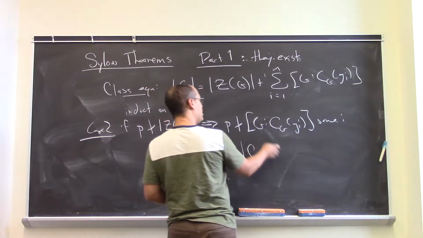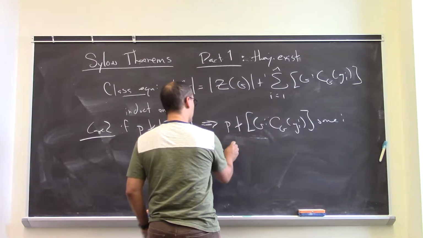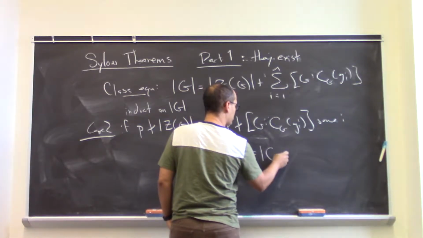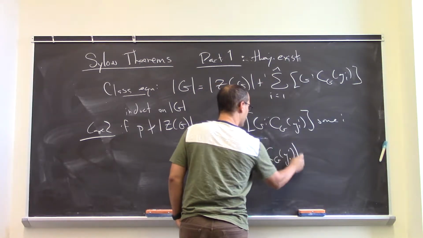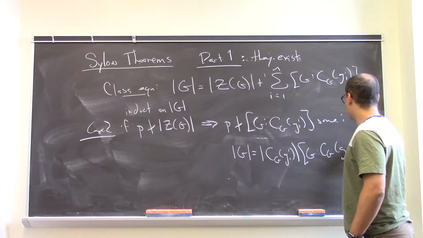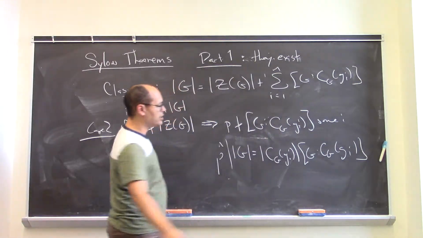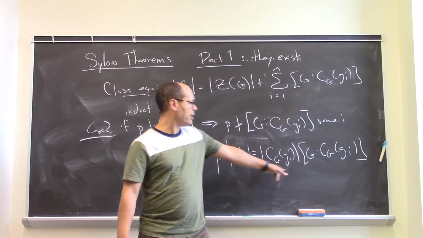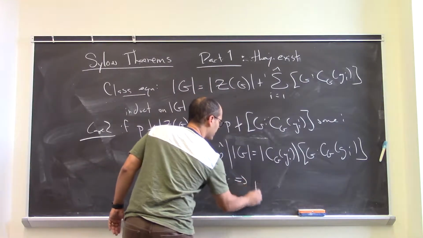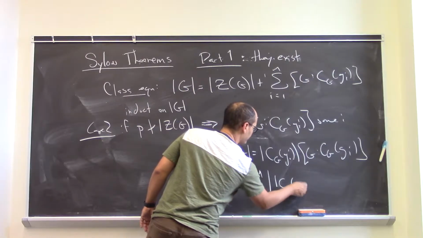Let me say it like this. The order of the group is the order of the centralizer times the index. p to the n divides that, but there's no p's inside of the index, so all those p's are inside of the centralizer. So that tells us that p to the n divides the order of the centralizer.